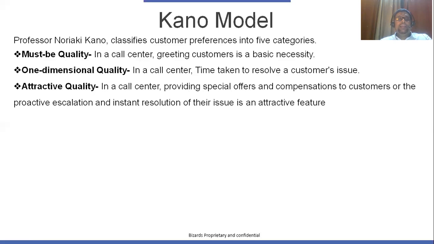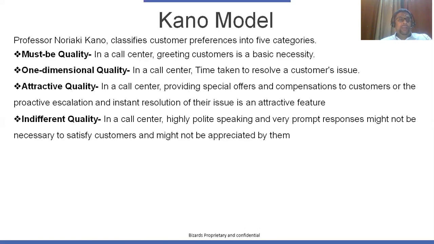The fourth category is indifferent quality. These attributes refer to aspects that are neither good nor bad, and they do not result in either customer satisfaction or customer dissatisfaction. In a call center example, highly polite speaking and very prompt responses might not be necessary to satisfy customers and might not be appreciated by them.